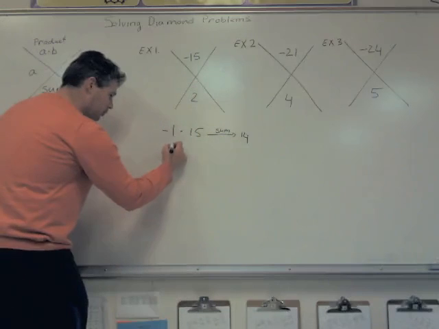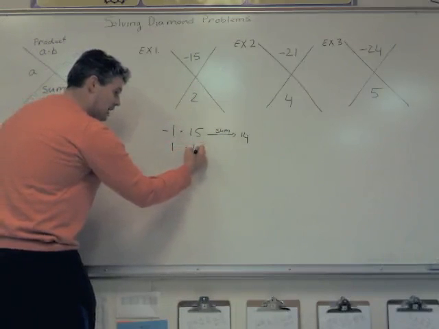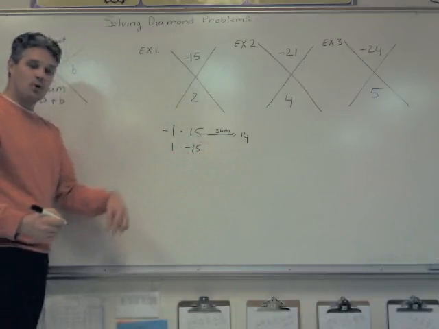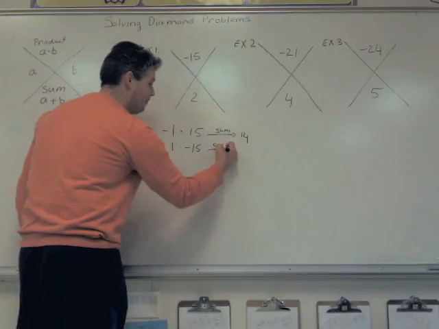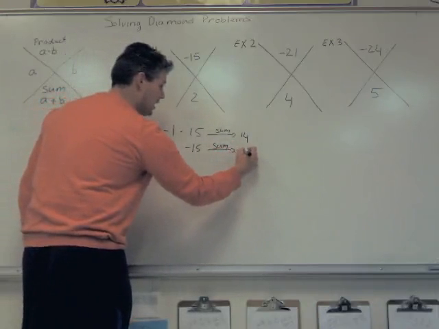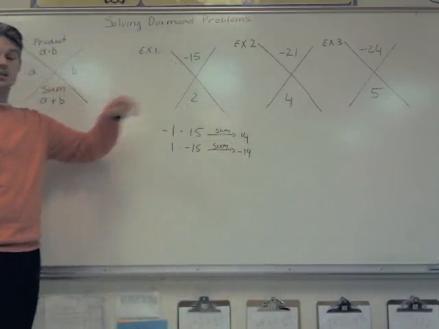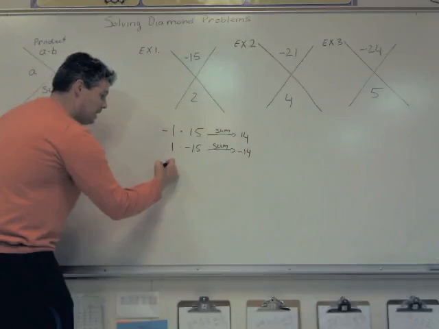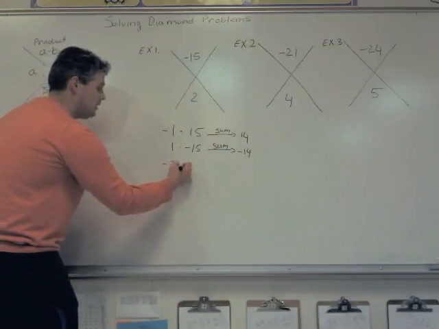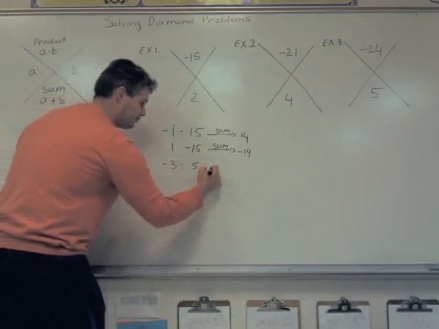Now, we can also use 1 times negative 15. It also gives me a product of negative 15. However, the sum for these two is negative 14, doesn't match the 2. Now, another product pair would be negative 3 times 5.